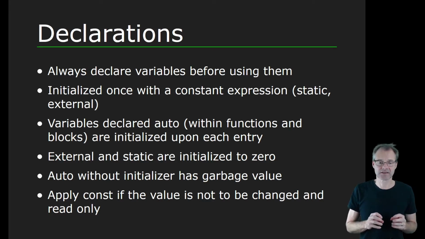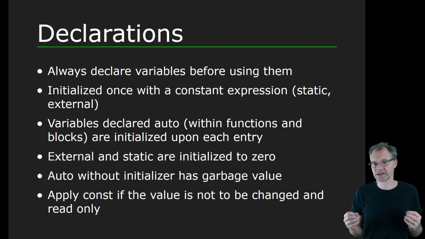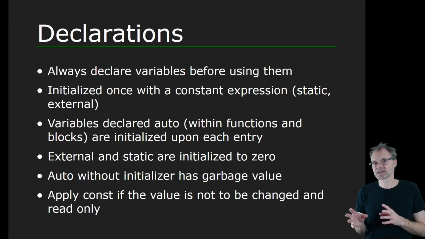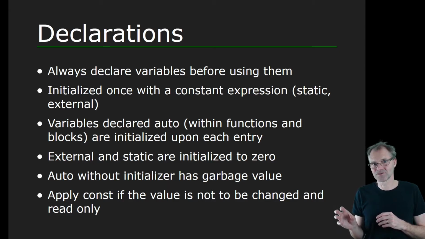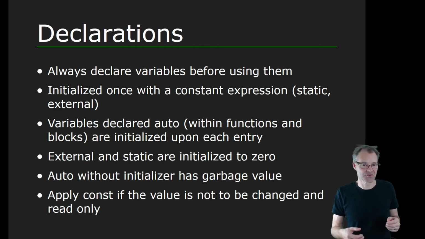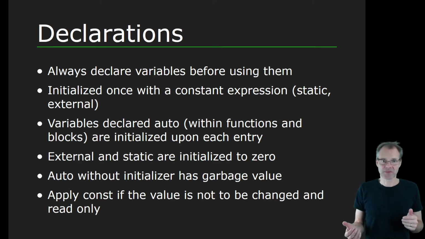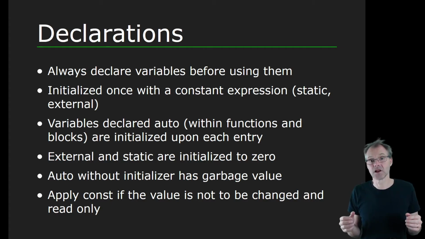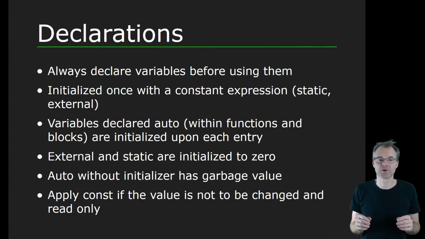External and static variable classes are initialized to 0. If we have an auto variable without an initializer, then that will get a value of, well, we don't know, so we call it a garbage value. So it's really dangerous to read a variable that has not been initialized when we're in a function or in a loop block of code.